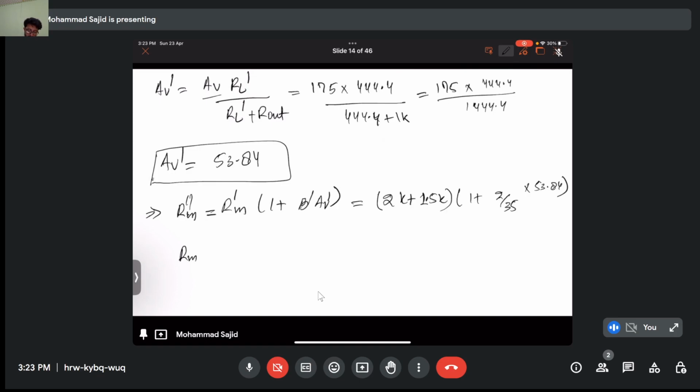So R in double dash will be equivalent to 3.5k times 1 plus 53.84 divided by 35 plus 1, that is 0.0 into 3.5k, comes out to be 14.268. This is your new input resistance.